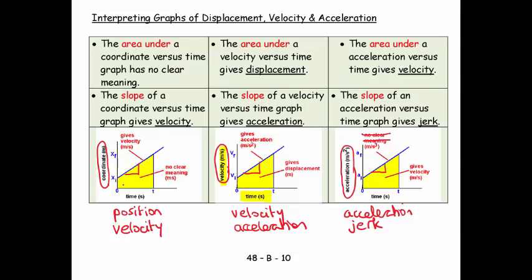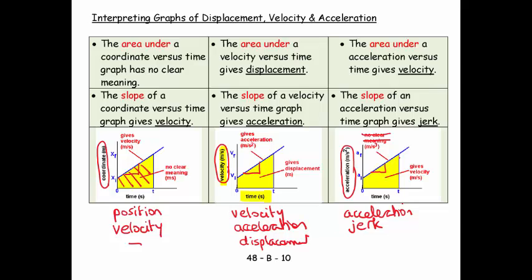If I look at the area under the graph, then it's going to be, in this case, meters seconds. And meters seconds, no clear meaning. It exists, but we don't find it useful to think about. In this middle graph, on the velocity versus time graph, it's going to be meters per second times seconds, which is meters, which gives us displacement.